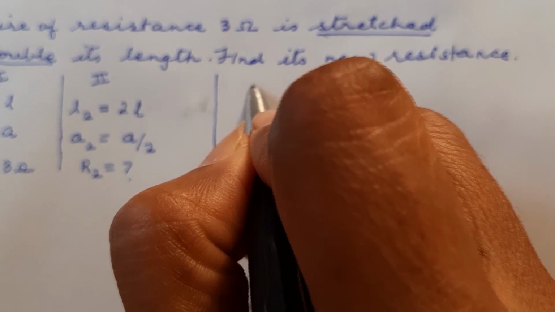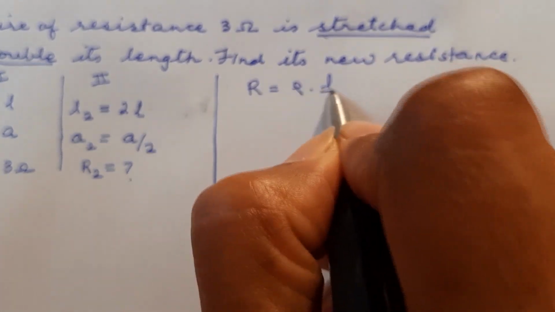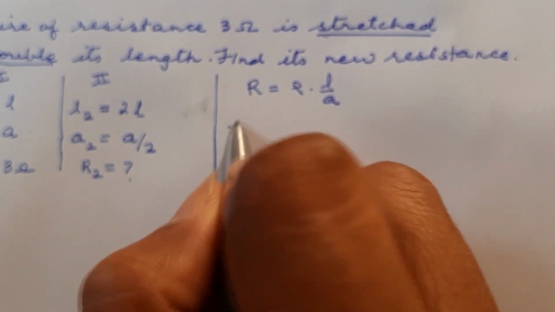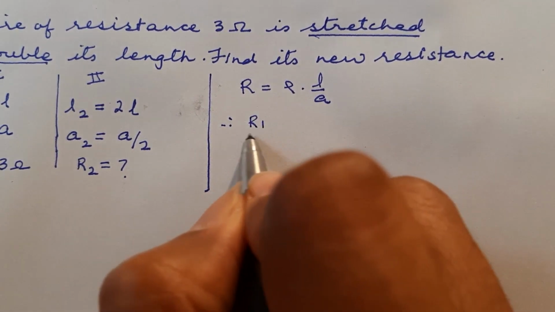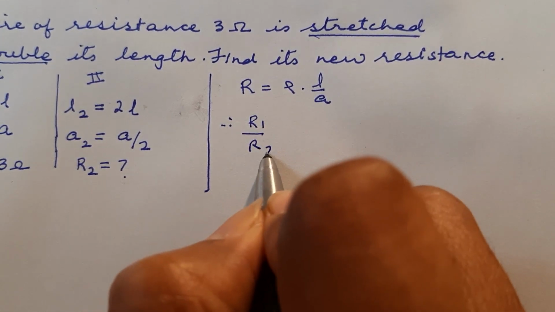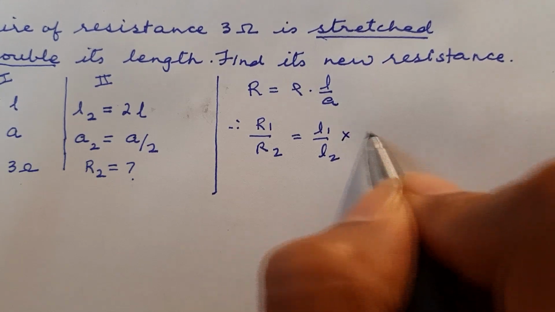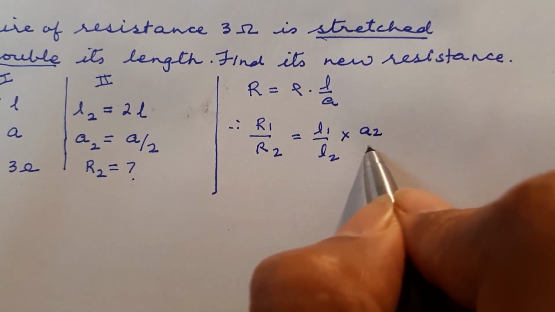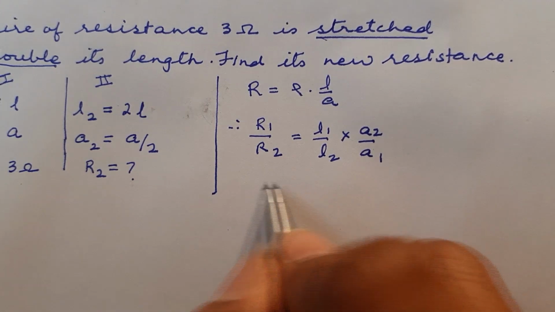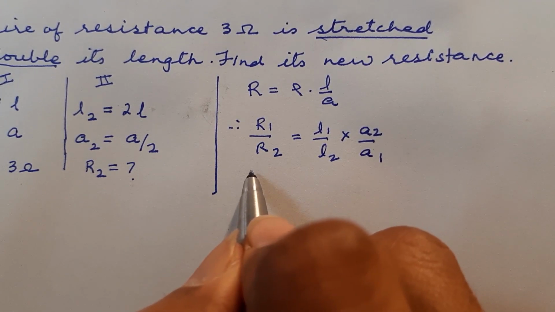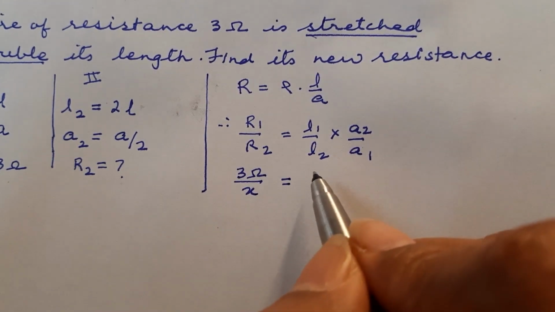We know that resistance is rho into L upon A. And so we will have R1 upon R2 will be equal to L1 upon L2 into A2 upon A1. So we substitute here 3 ohm upon X because we have to find this.